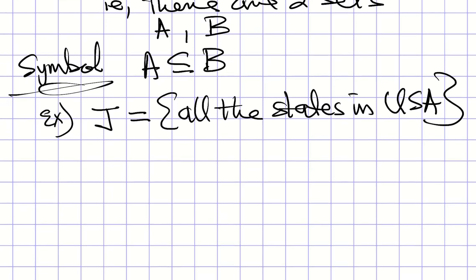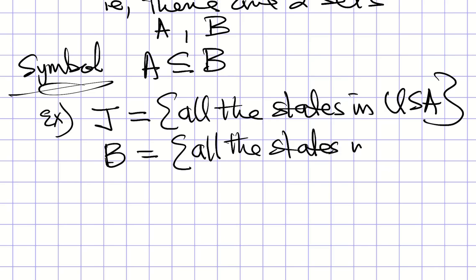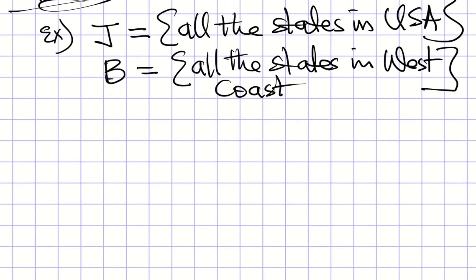That's J. And then B is the same thing as all the states in West Coast, right? Okay, so that's B.